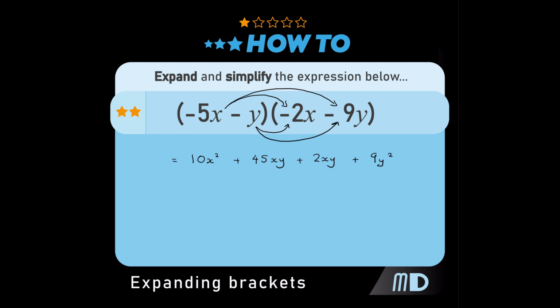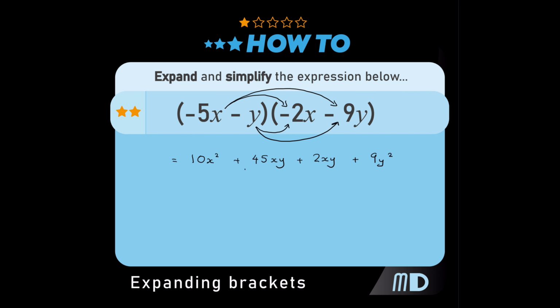The expanded expression is therefore 10x squared plus 45xy plus 2xy plus 9y squared.